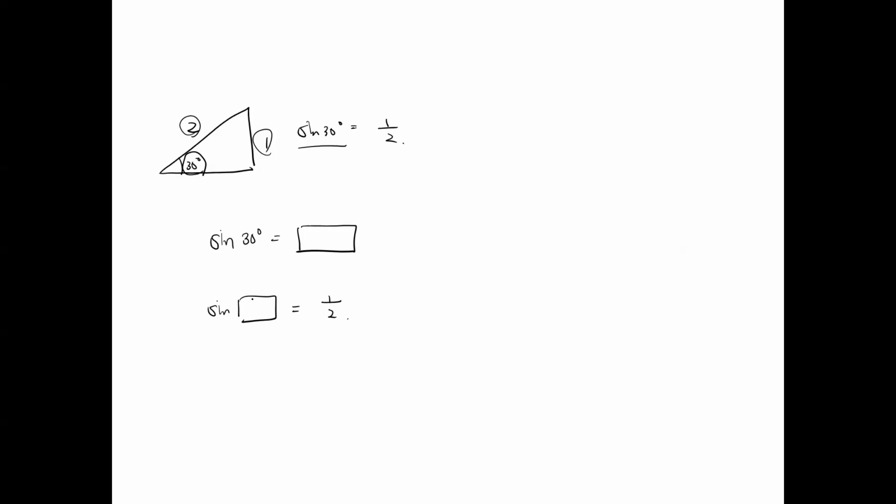So how do you find the angle here? Then you have to use the inverse function. The symbol for the inverse function is sine inverse 1/2. This question is simply: what angle makes a sine value of 1/2? So the answer is 30 degrees. Okay, that's the inverse function.